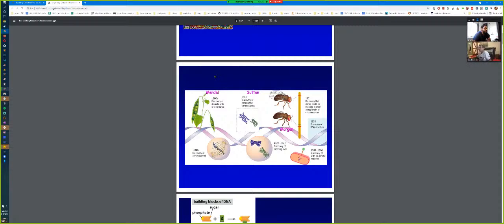Then they discovered homologous chromosomes, followed by crossing over involved in chromosomes. Then Morgan determined that genes could be mapped along the length of a chromosome. Then they discovered that DNA was the genetic material. And the last thing was the structure of DNA.